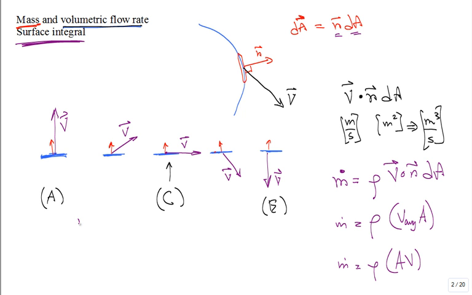You could talk about the surface integral over dA, which would be rho v dot n dA. Or you could do it this way. You could do the integral of rho dm. It's the sum of the mass flow rates coming out. But often just leave it like that.